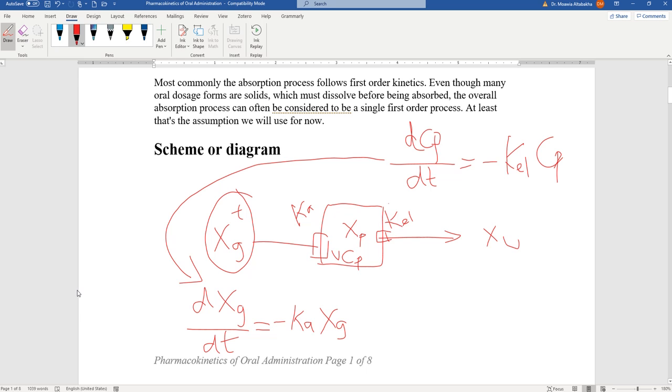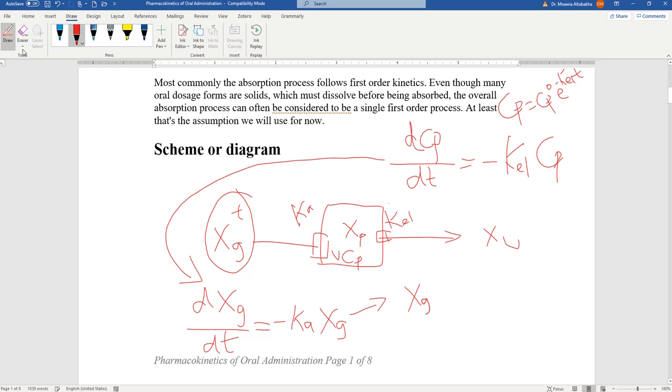طبعا if you want to integrate this one, نسوي لها integration زي ما سوينا لهاي integration. شو سويناها؟ What did we do? CP تساوي CP0 في E أس minus KEL في T. صح؟ We can do also integration to this one if we like.